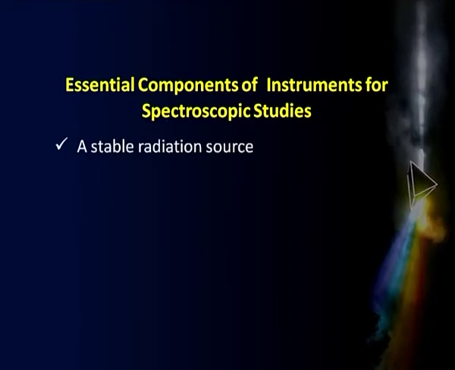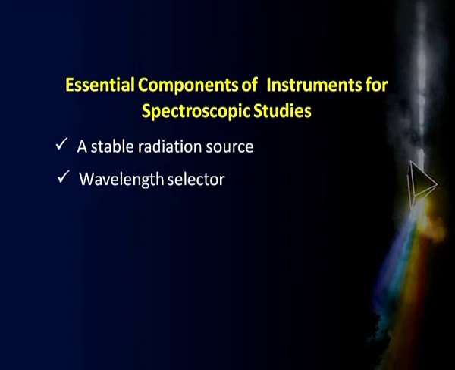Before I proceed further, let me recall that we have talked about spectroscopy as the study of interaction of radiation and matter, and the radiation in different regions of the electromagnetic spectrum interacts with matter. That is the bottom line with us. So, for that to be studied, the first thing is you have to have a source of radiation.